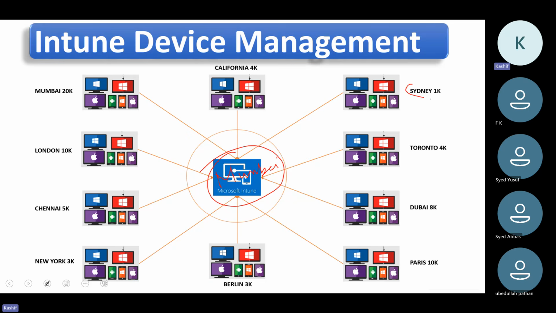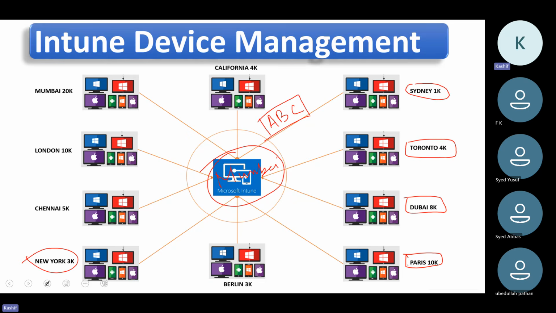Sydney has 1,000 devices. Toronto has 4,000 devices. Dubai has 8,000 devices. Paris has 10,000 devices. Suppose this is your organization information. Let's say the organization name is ABC Private Limited. In that company, there are various branch offices and a headquarter. The headquarter is in New York, for example.